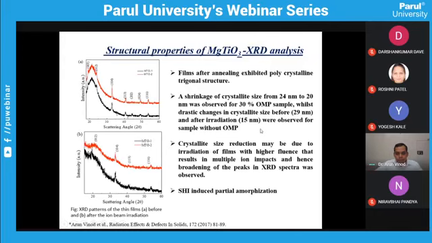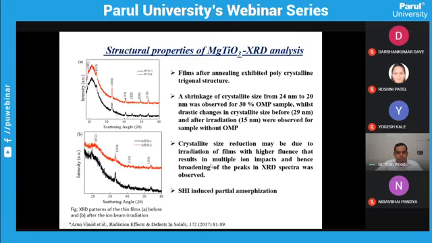This crystallite size reduction may be due to films with higher fluence resulting in multiple ion impacts, and hence there is a small broadening of peaks as we can see in the XRD pattern. This shows that there is a small SHI, swift heavy ion irradiation induced, partial amorphization.